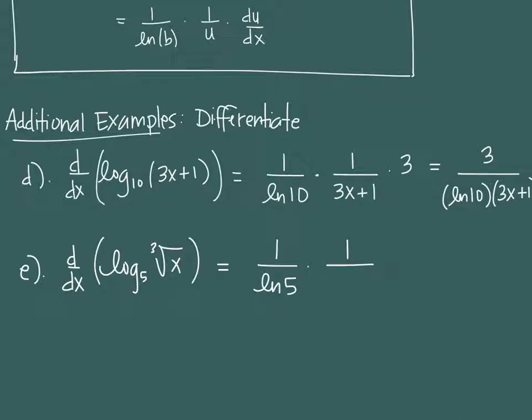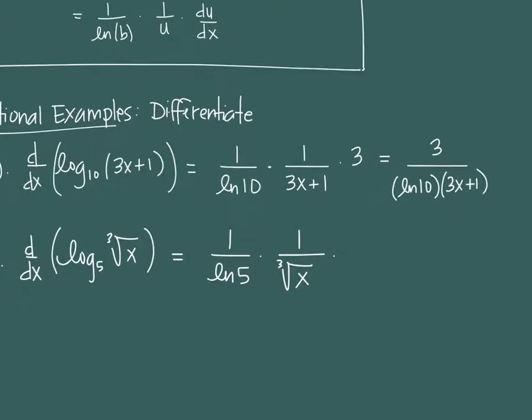And then the reciprocal, 1 over the cube root of x. And then the chain rule of the derivative of the cube root of x. So we've got to think of that as x to the 1/3. So that would be 1/3 x to the negative 2/3. And we wouldn't want to leave it like that, but we'd want to clean that up.